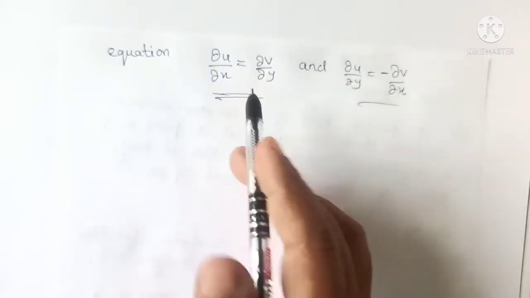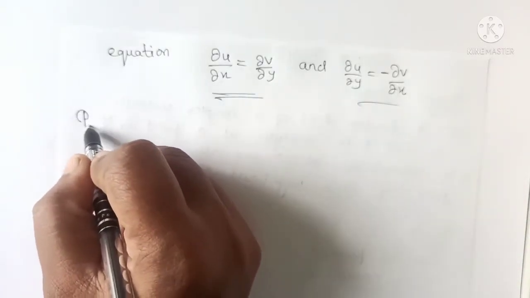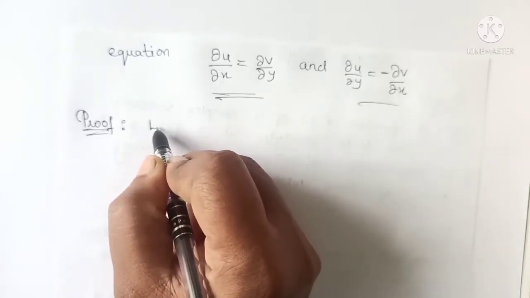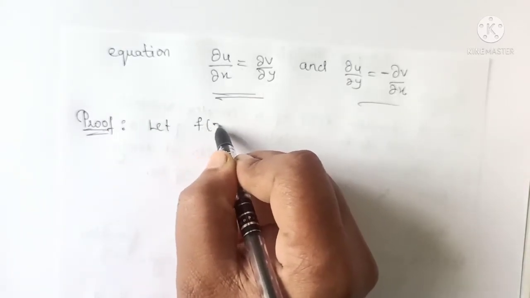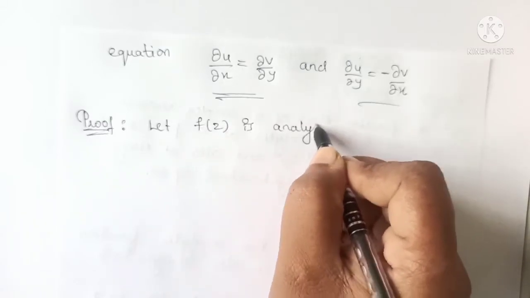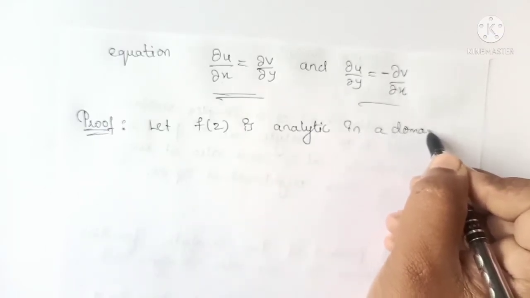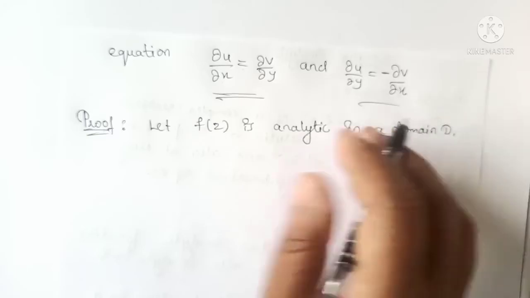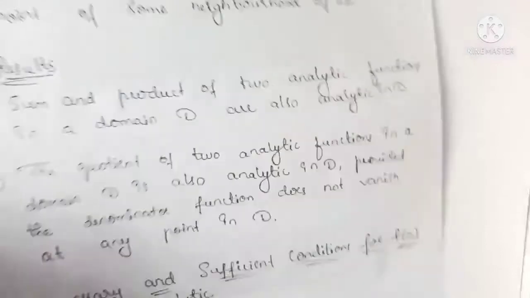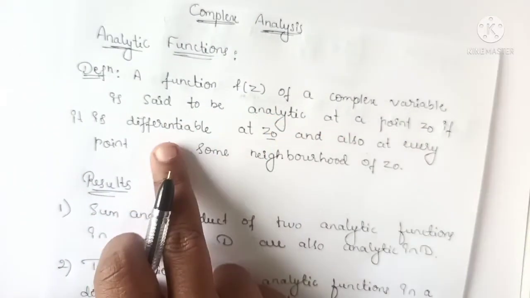Okay, now we prove this one. Proof: let f of z be analytic in a domain D. So this is by the given. Okay, so we know that by the definition of analytic functions, any function is said to be analytic if it is differentiable.